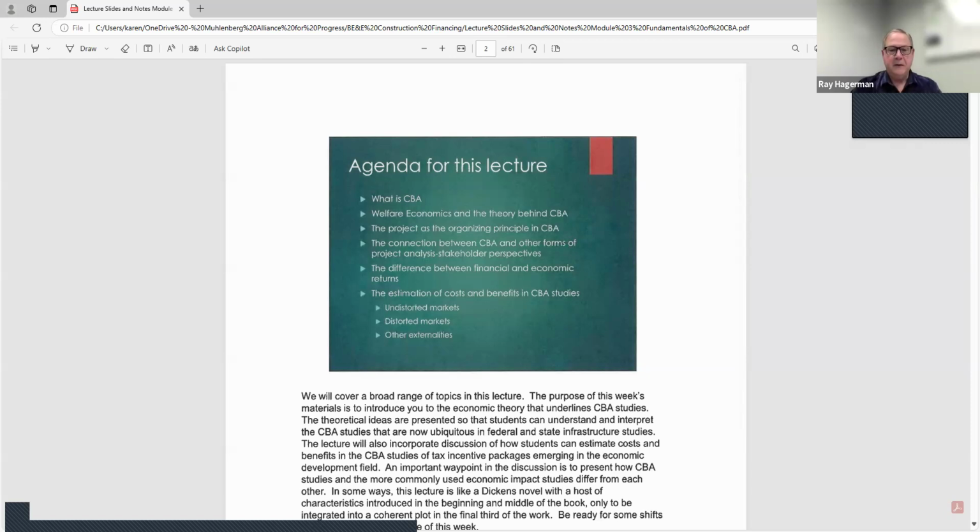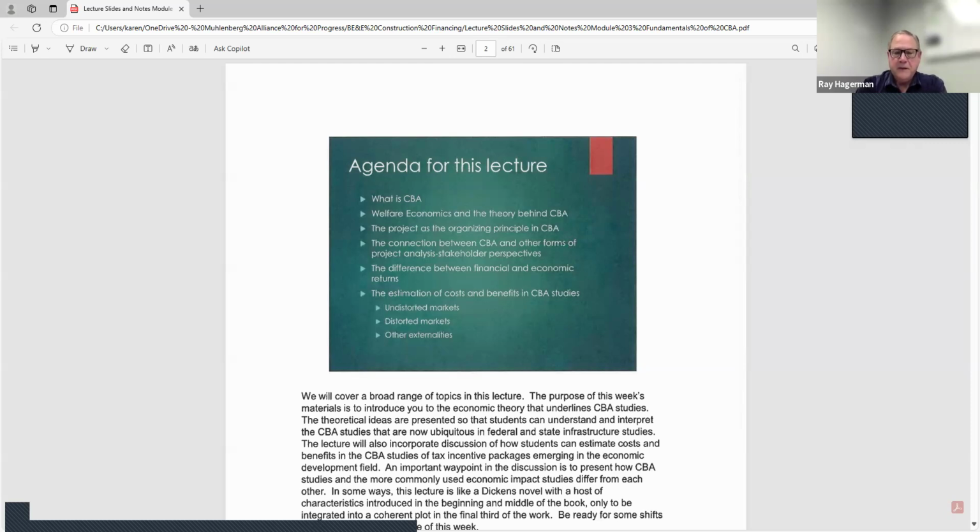I'm not going to read all these out to you, but notice that there are definite differences between financial and economic returns, and that there is a way to estimate cost and benefits in CBA studies in undistorted markets, distorted markets, and then some of the other externalities.